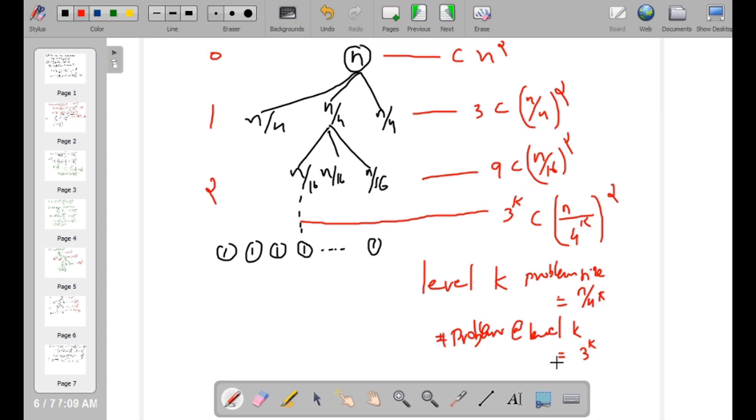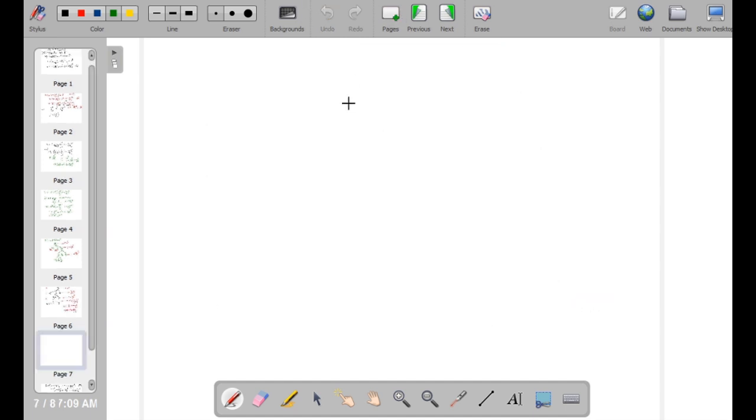Okay. So in the last level, problem size is equal to 1.